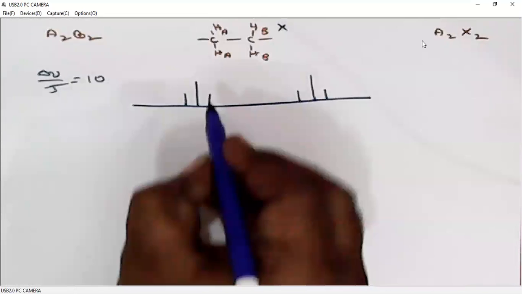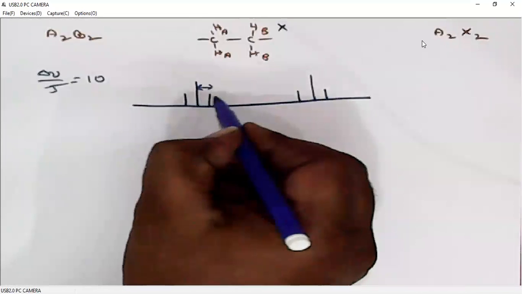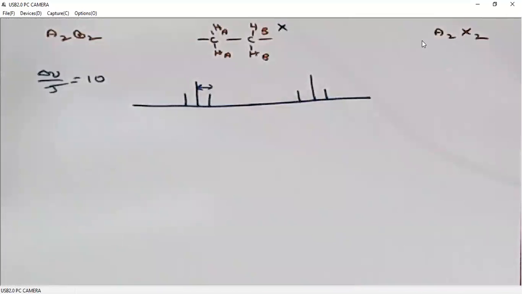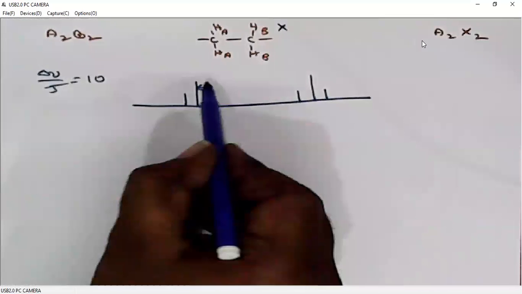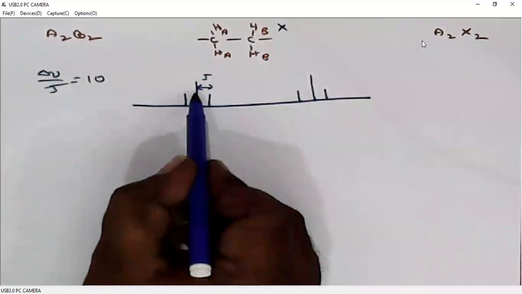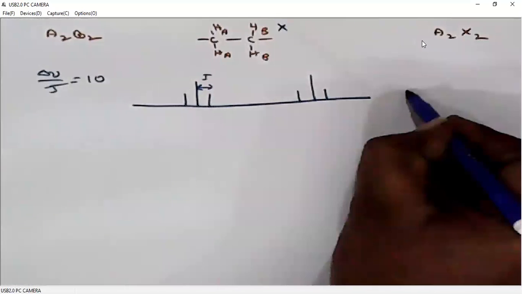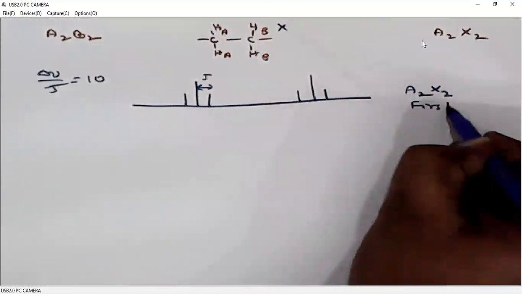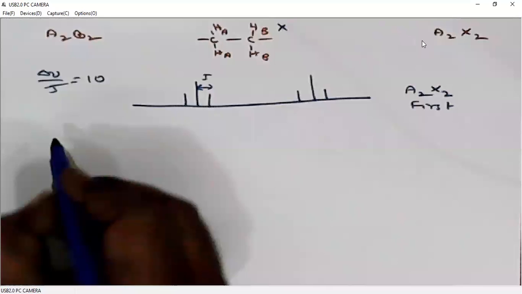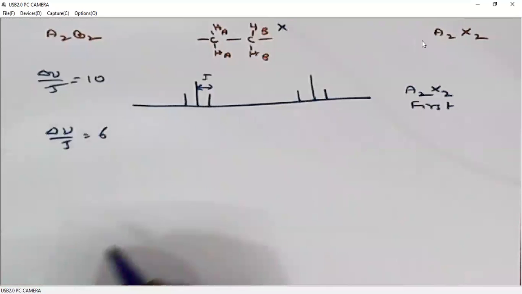And if we want to calculate the J value, just take the difference between any two successive peaks in a triplet. Okay, J value will be the frequency difference between any two peaks. Now it is a perfect A2X2 system. It is a first order spectra. But when we decrease the delta nu by J value to 6, it becomes complex.